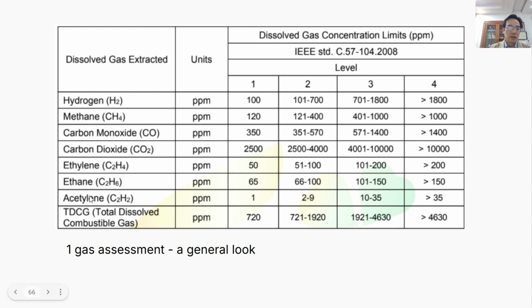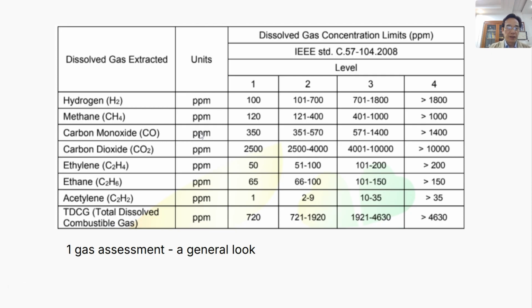Then another index that we also consider is the TDCG, the total dissolved combustible gas.